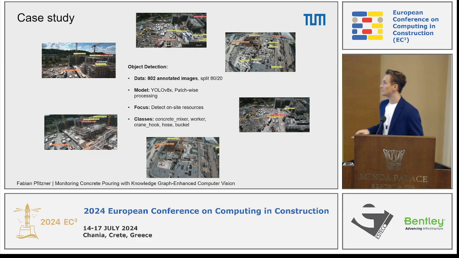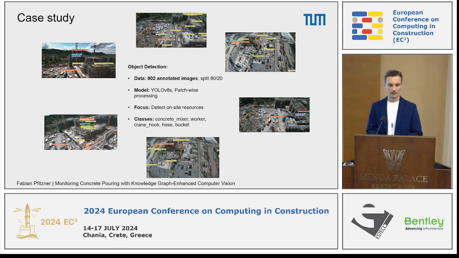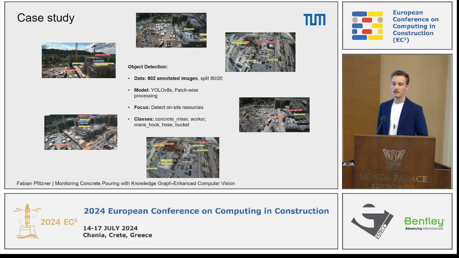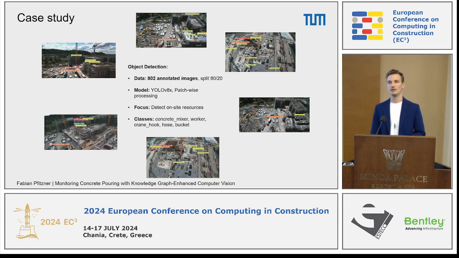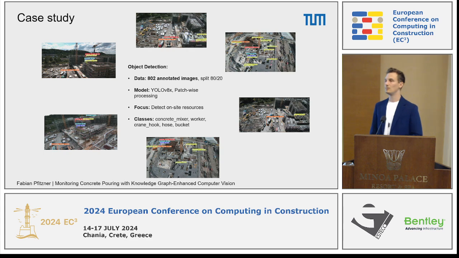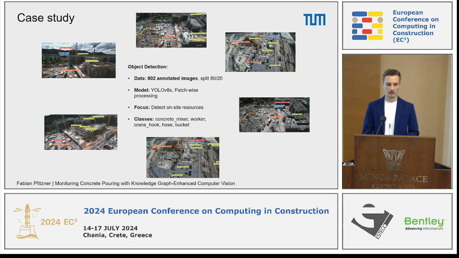So for the object detection, we used a data set with over 800 images, training one of the state-of-the-art object detection networks, YOLO V8X, and we used patch-wise processing to be able to detect very small objects on these construction sites.